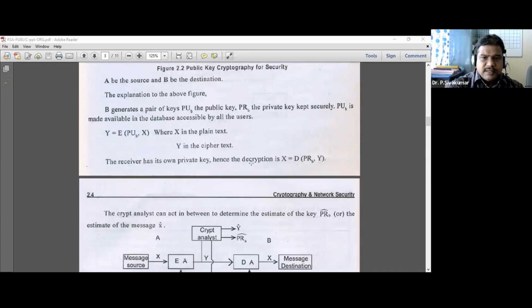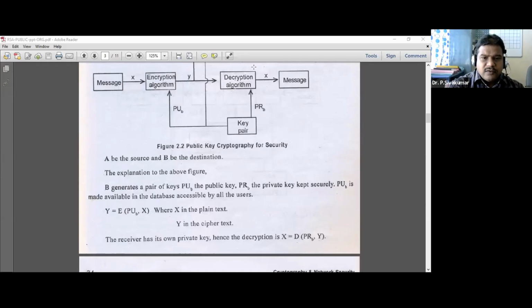Okay, once again, to provide confidentiality, the encryption algorithm uses the recipient's public key. The decryption algorithm uses the recipient's private key.